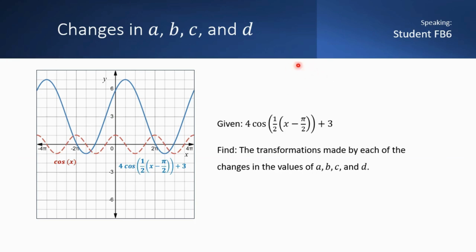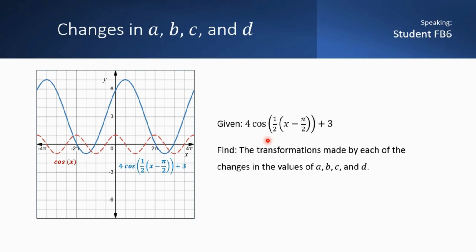Now, what if there are changes in A, B, C, and D all together? So let us dissect what will happen when we do so in transforming a cosine function. Given the function f of x is equal to 4 times cosine of the quantity 1 half times the quantity x minus pi over 2, all plus 3.